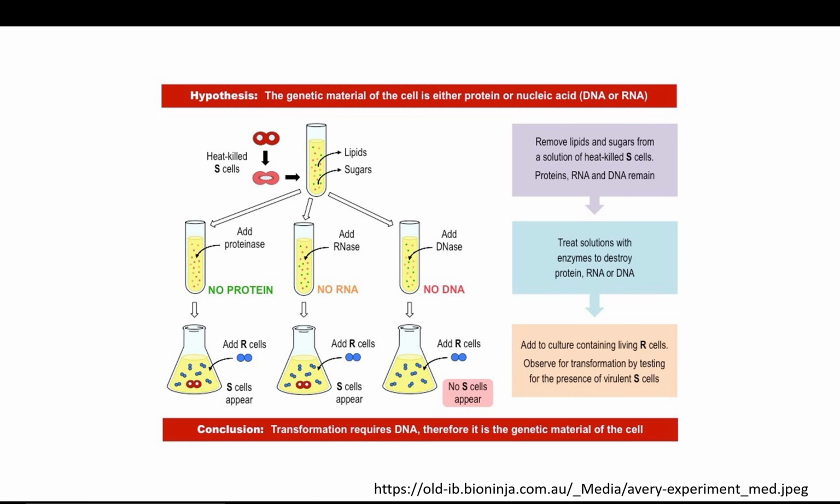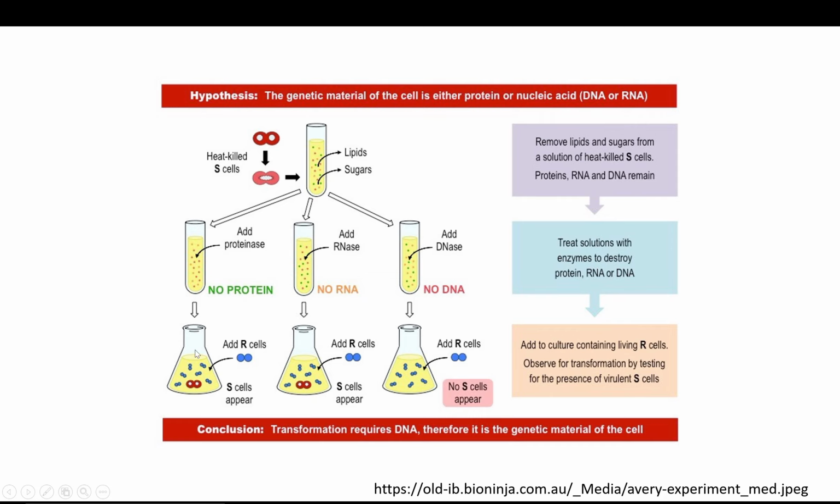So they heat-killed the S cells; the proteins, DNA and RNA remain. To one sample they added protease, which will remove the proteins. In another, they added RNase, which will remove RNA. In the third, DNase was added, which will remove the DNA.